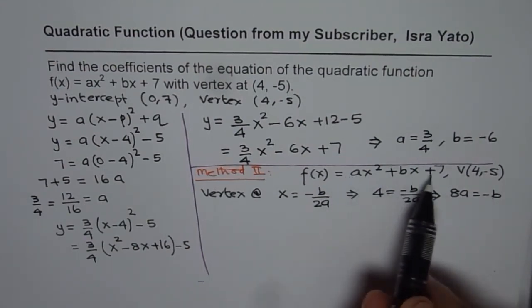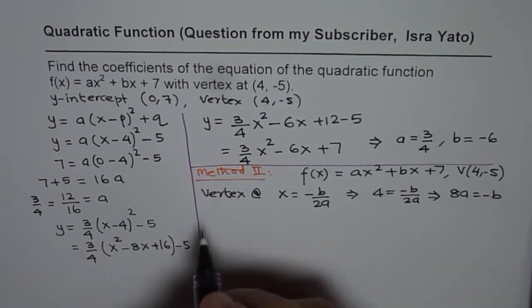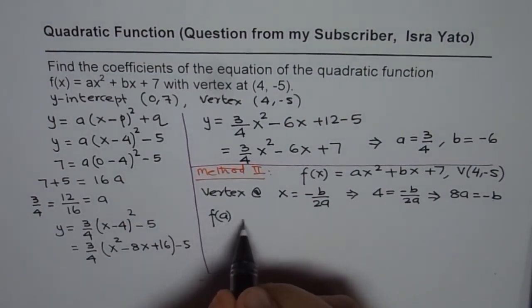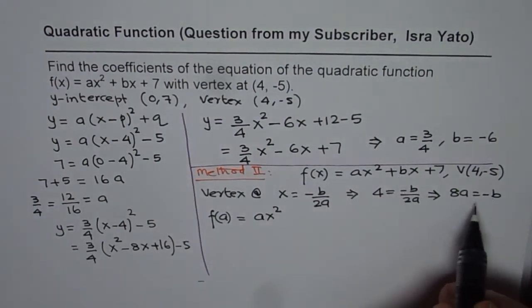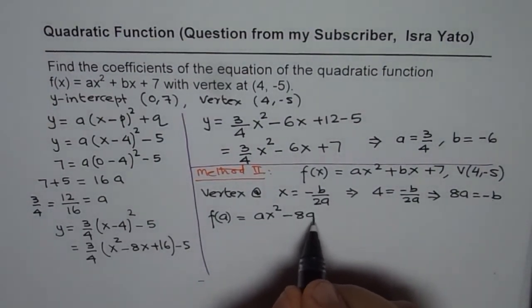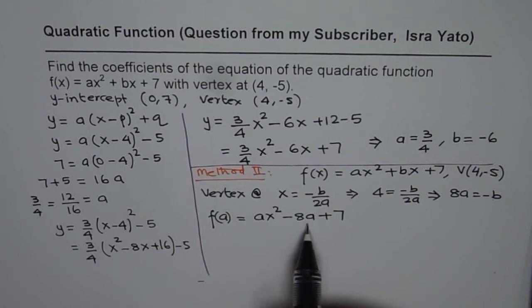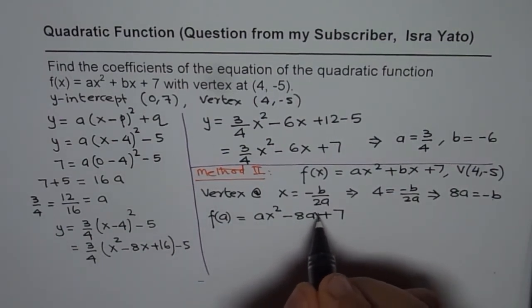Now we can rewrite this equation in one variable. We get f as a function of a, which is ax squared, and instead of b, I can write minus 8a. So f of x equals ax squared minus 8ax plus 7. Sorry, I forgot to write x here.